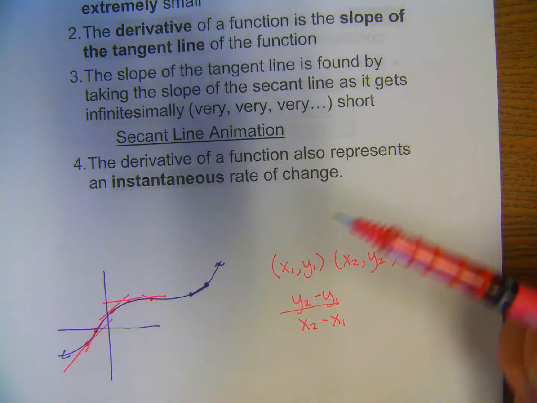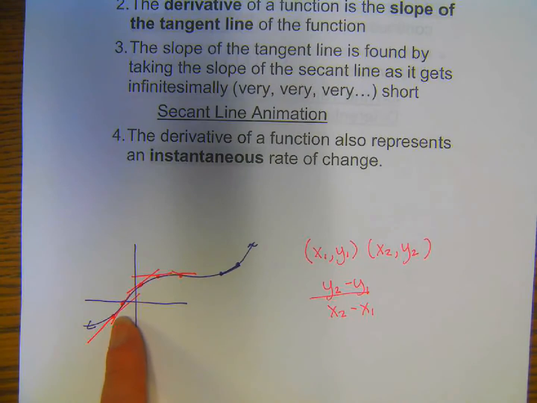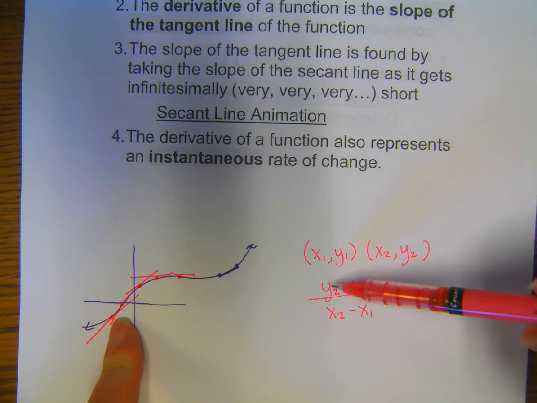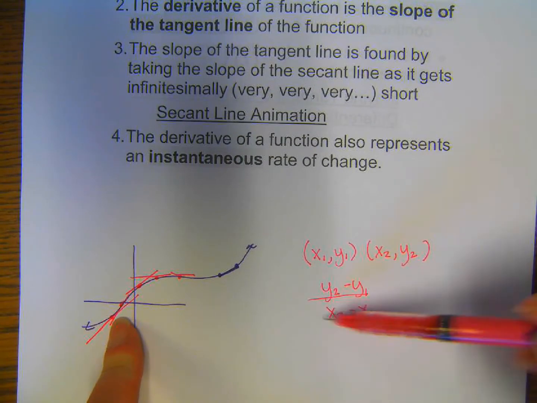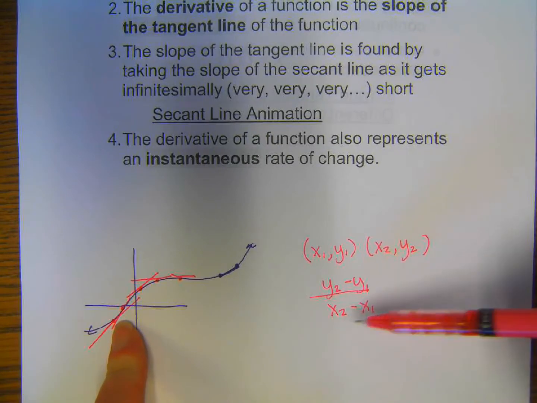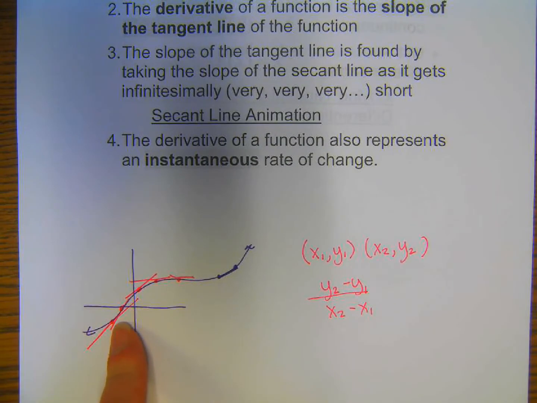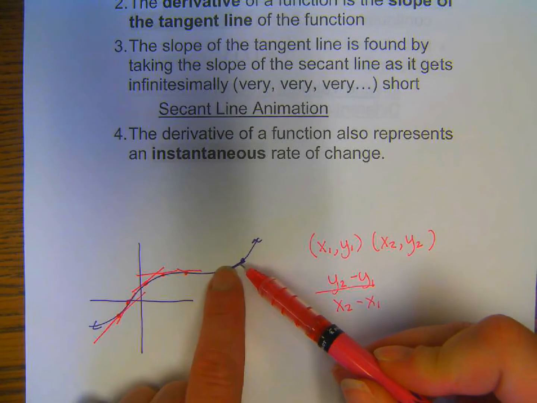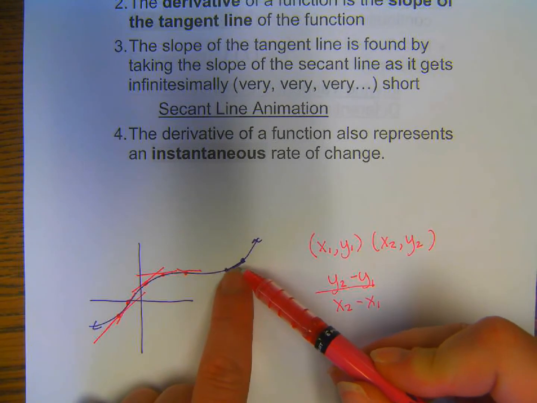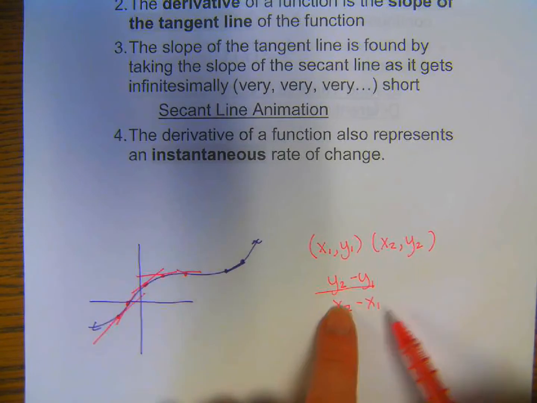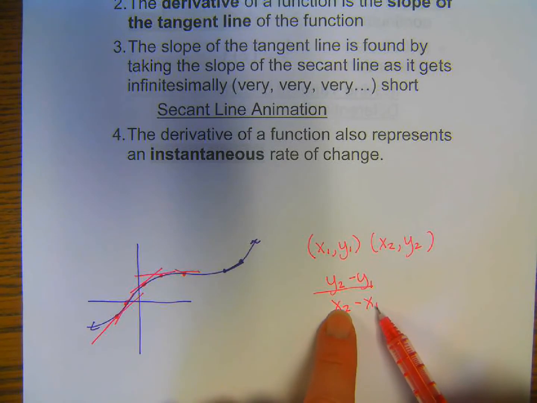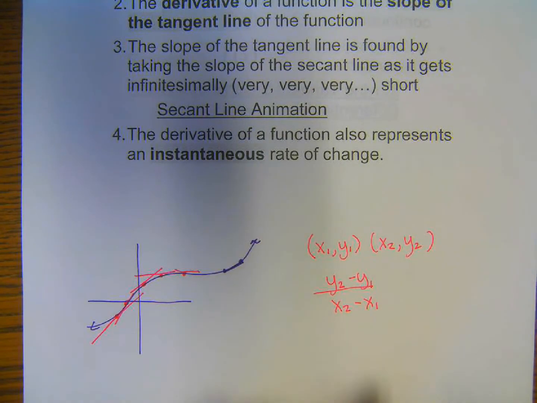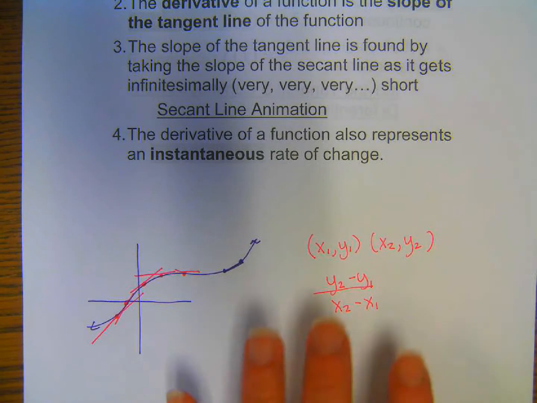Well, if I had 1 point, I would have the same point here, so I'd be dividing by 0. This ties into limits because we're going to try to get so close that essentially the distance between these 2 points is 0, so that this is going to have a limit of 0. And we're going to introduce some limit notation tomorrow.